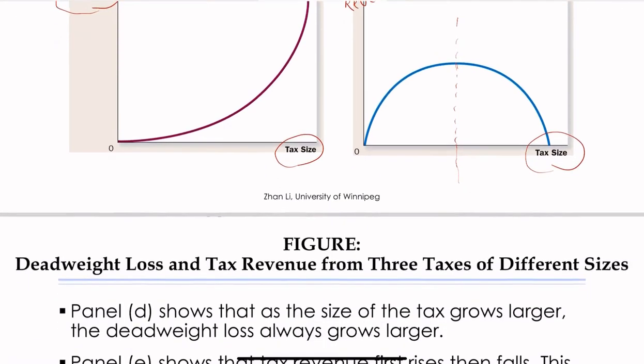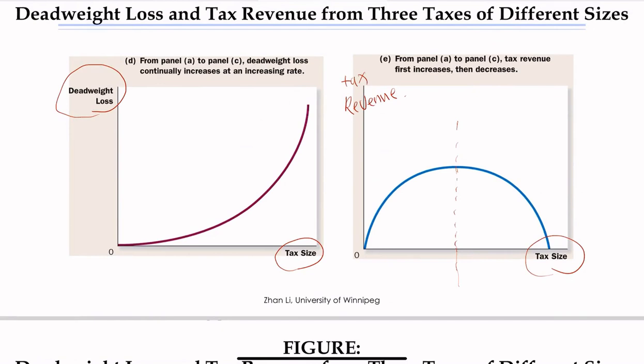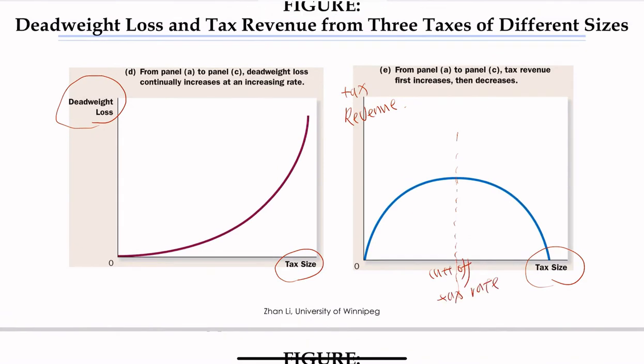Let's call this the cutoff tax rate. Below this cutoff rate, your tax revenue increases as you increase the tax size. And beyond this cutoff rate, tax revenue actually decreases as you increase the size of the tax.